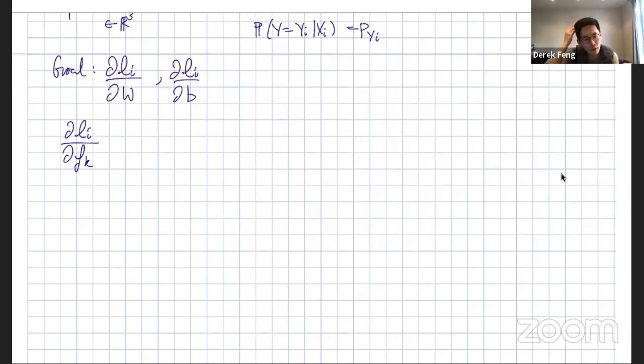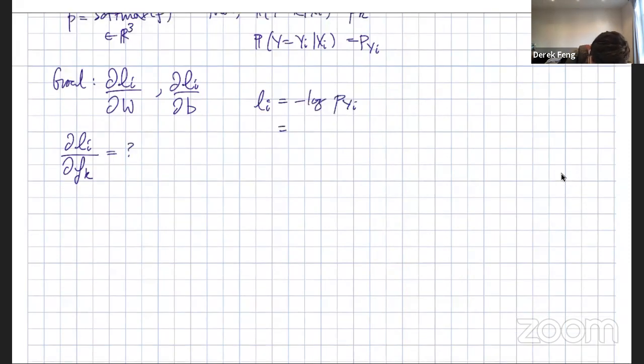First of all, as we said already, my Li is minus log of p yi. If you remember what p is, that is minus log of softmax of f of yi. What is softmax?